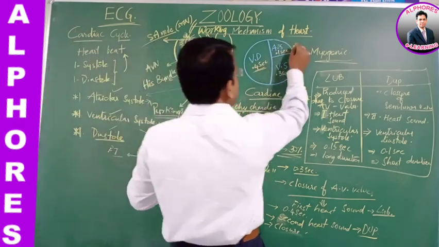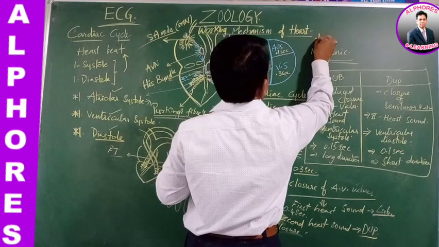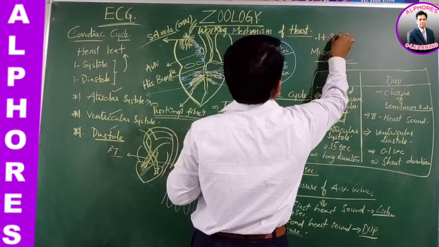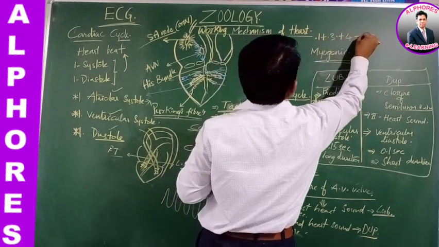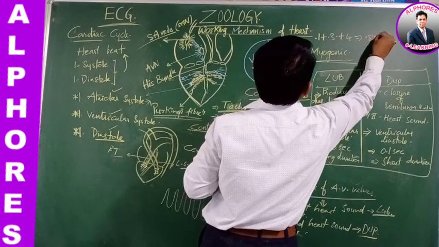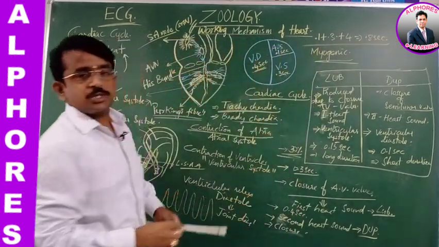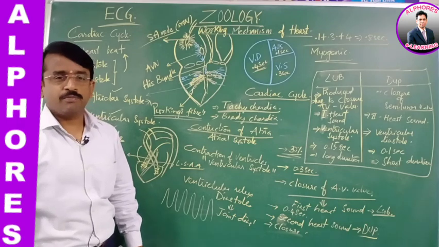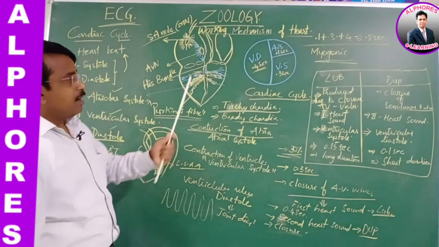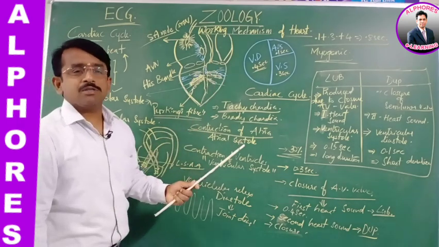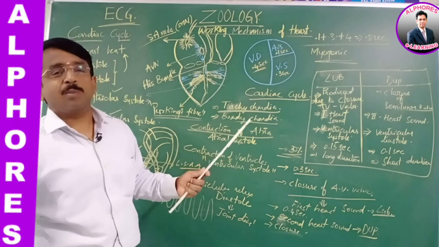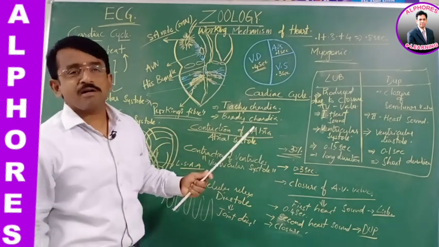So, collectively, it is completed in 0.1, 0.3, 0.4. So, collectively, the cardiac cycle is completed in 0.8 seconds. After ventricular diastole, one more event starts, one more cardiac cycle.